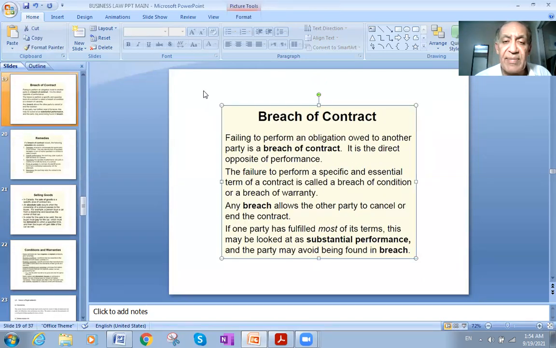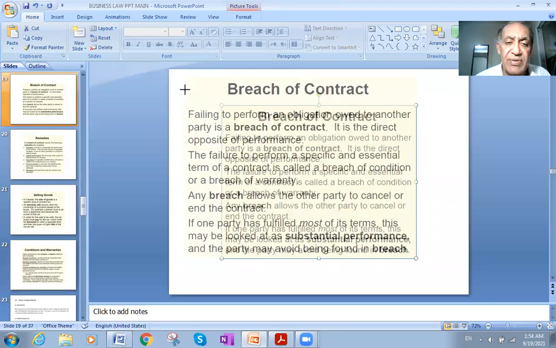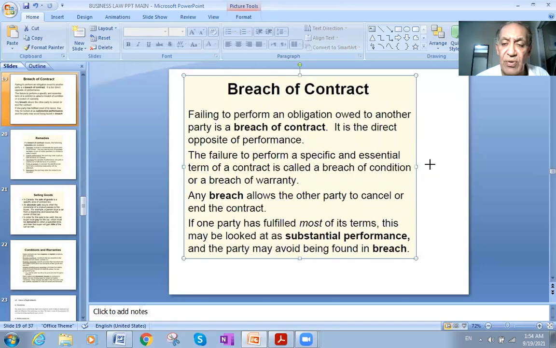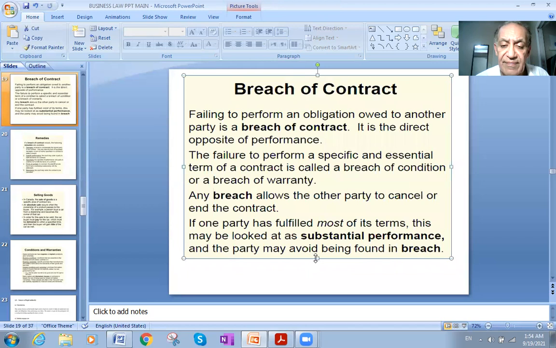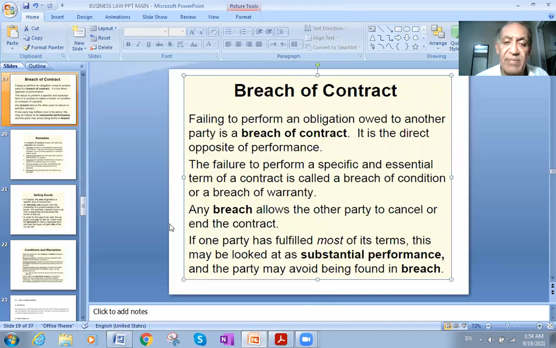Another point is breach of contract. So what do we mean by breach of contract? Failing to perform an obligation owed to another party is a breach of contract.